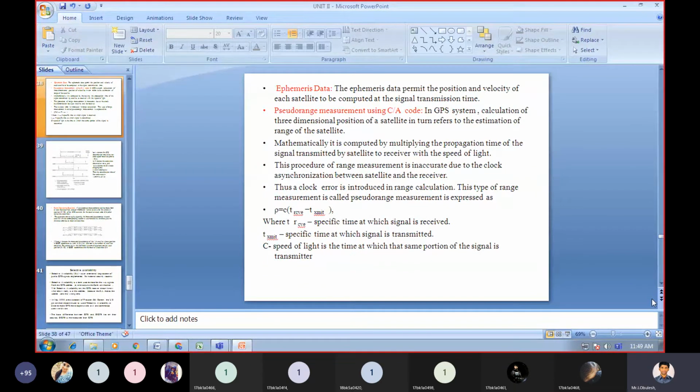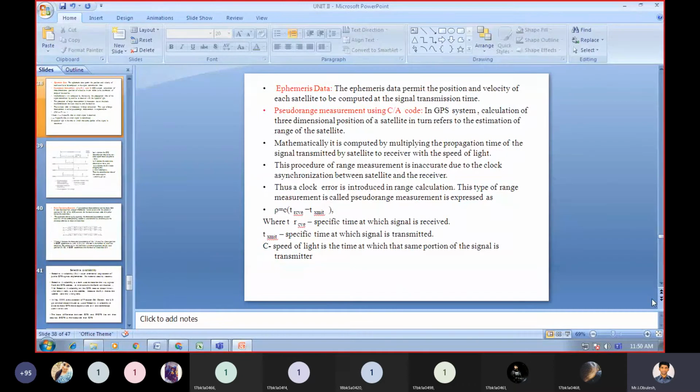This procedure of range measurement is inaccurate due to the clock asynchronization between the satellite and the receiver.